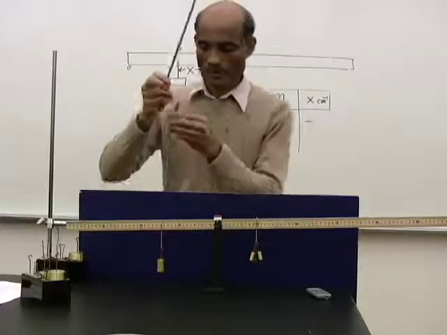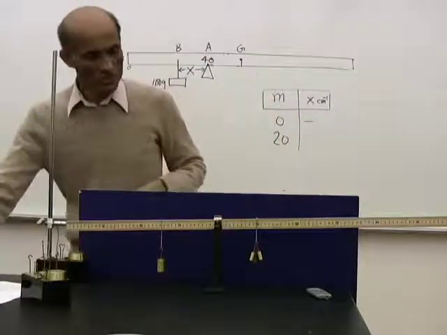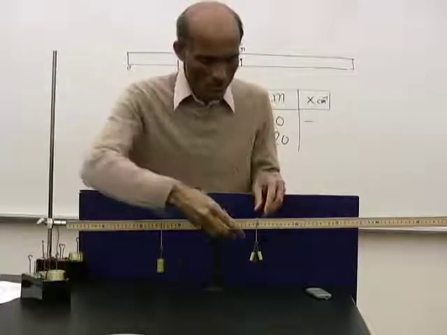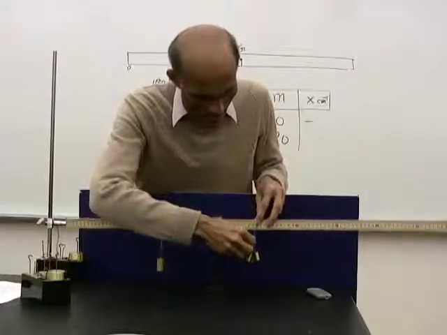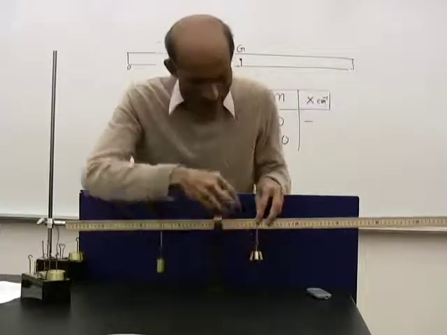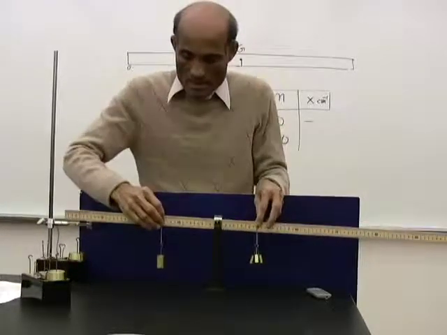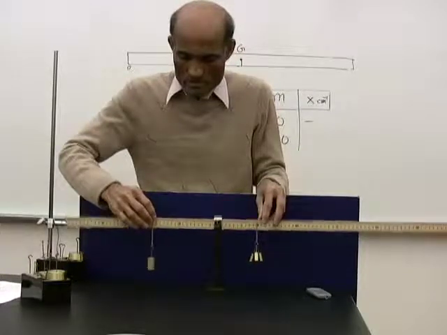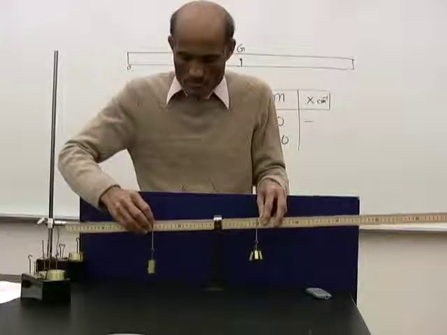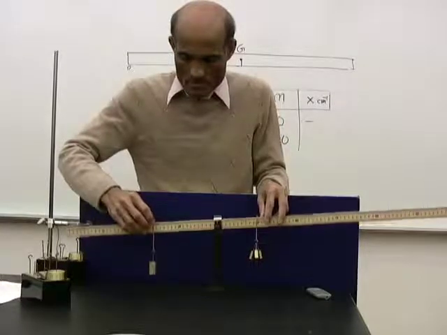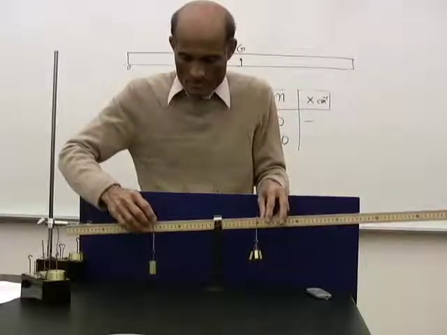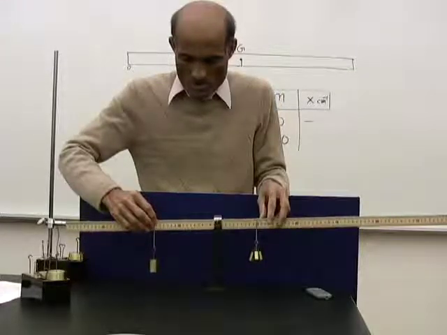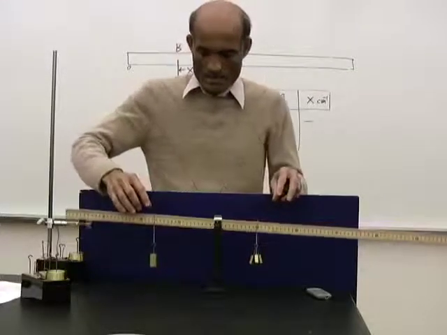Okay. And now let me change the mass to 80 gram. I'm going to put one more 20. That's 80 gram there. And let's find the X value. Alright, I think we have a balance there.